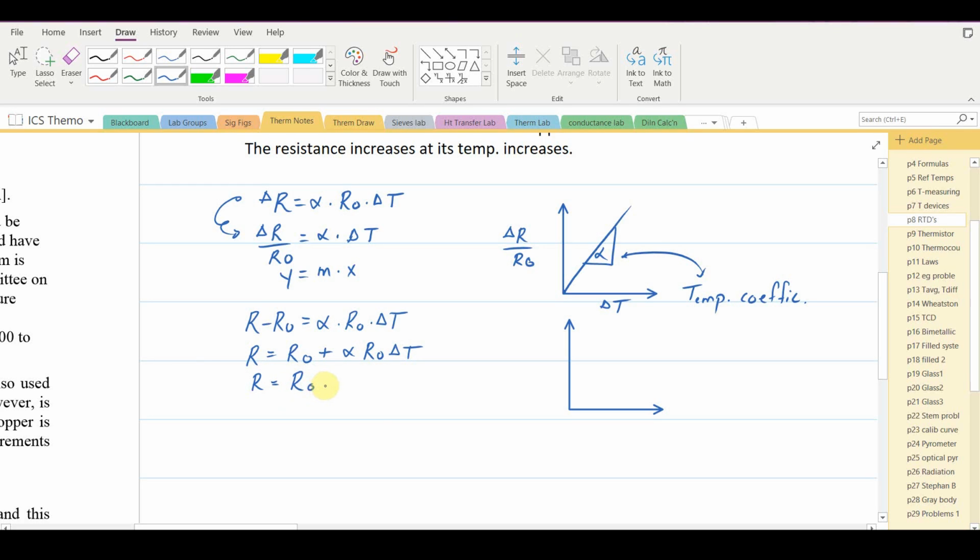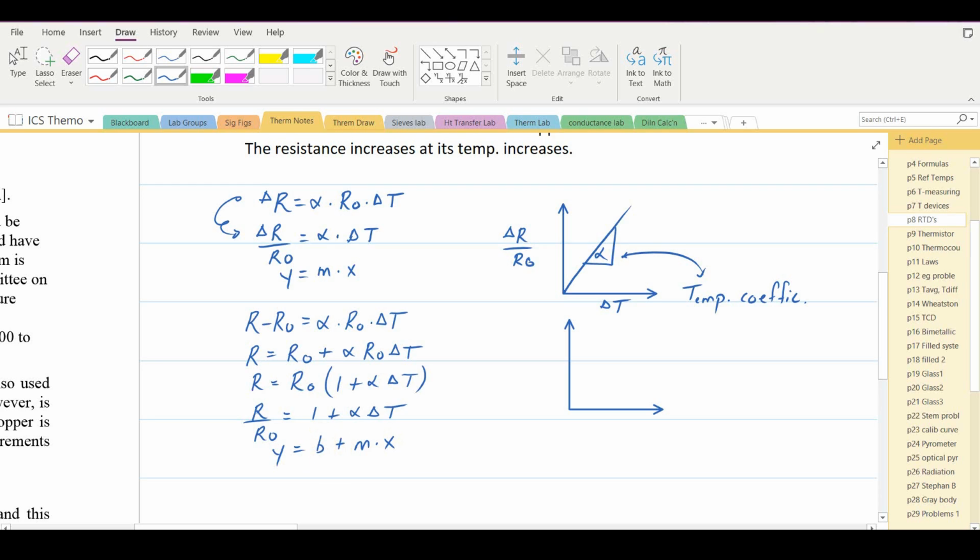R is equal to R sub 0 times 1 plus alpha delta T. Let's rearrange this a little further. R over R sub 0 equals 1 plus alpha delta T, which you can also recognize as being the equation of a straight line, y is equal to mx plus b.